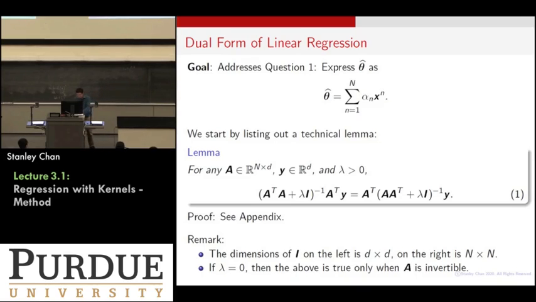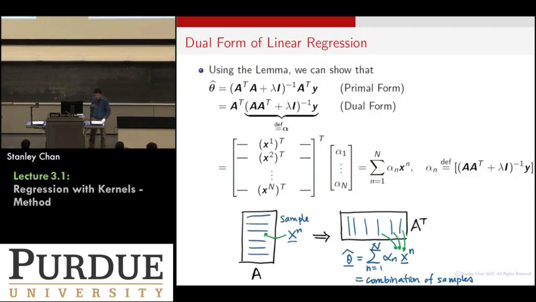Now, the proof is given in the appendix of the set of slides, which you're encouraged to read. But I want to talk about why this can ever be useful in our problem. So let's take for granted that this equation can be proved, which I have proved in the appendix. Then what you can do is the following.